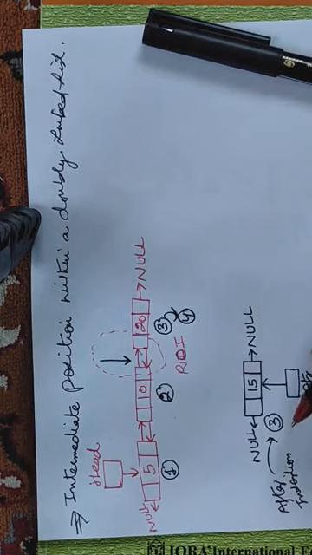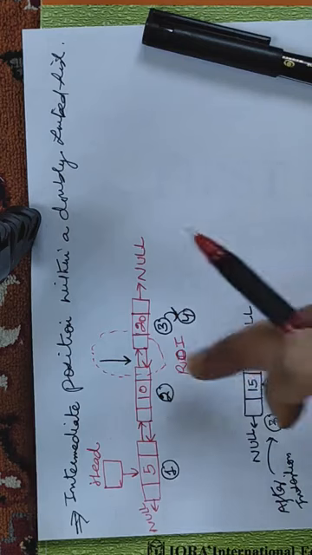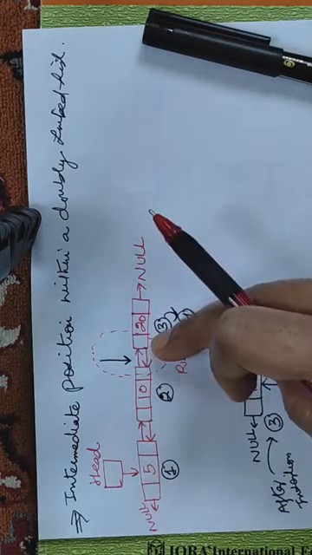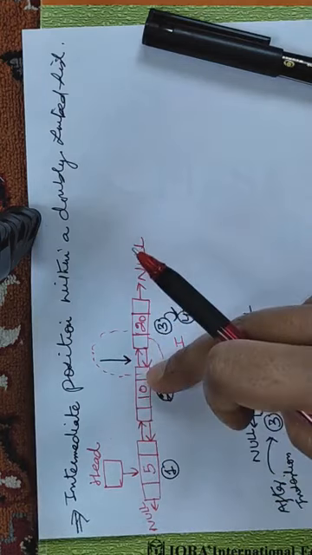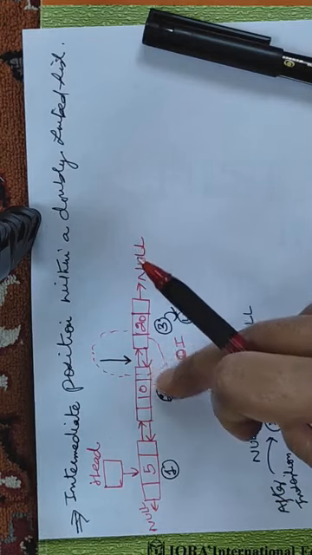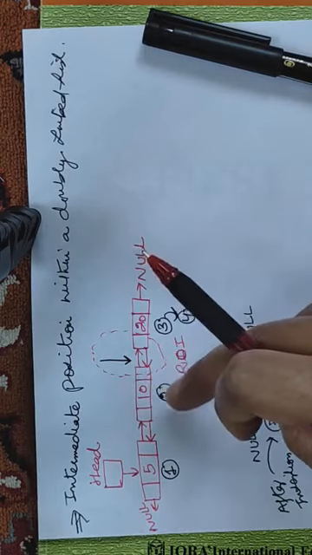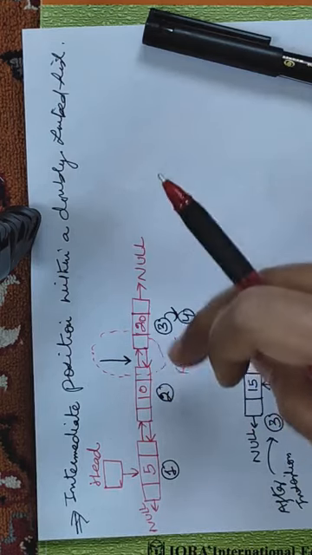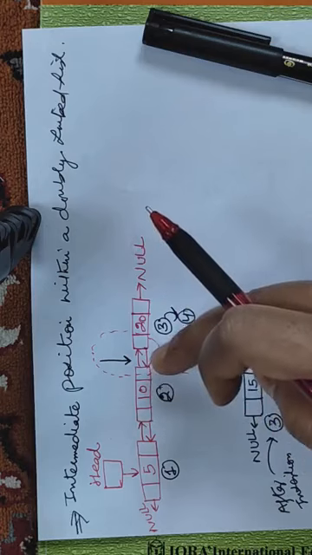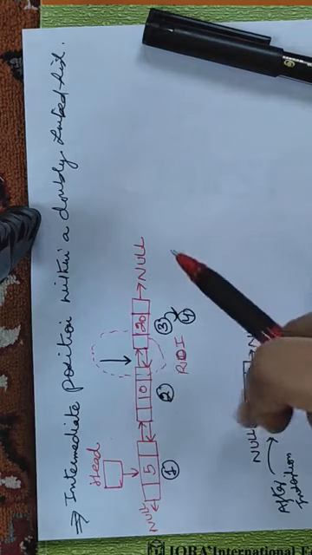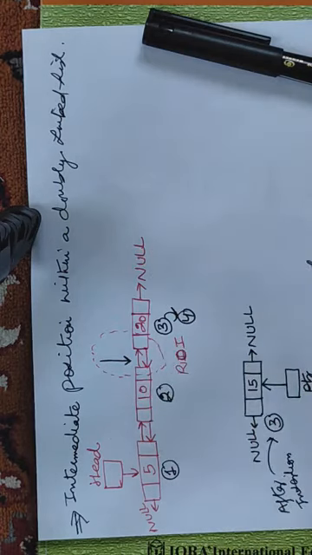Okay, but for that matter we will only be able to insert this node at this place once we reach this place. So we will have to traverse from this node to this node so that these links are available to us. This forward pointer of node number 2 and this backward pointer of node number 3 become available to us so that we will make them point to this newly created node.